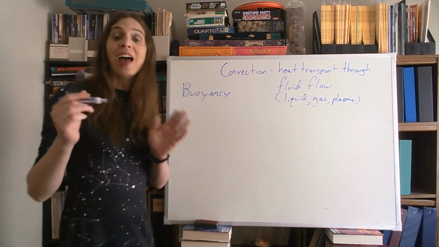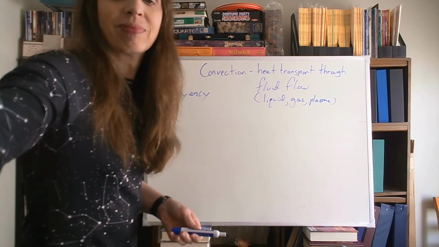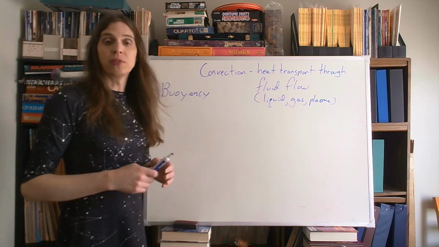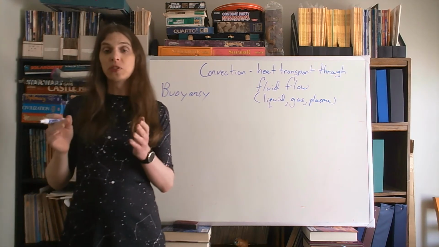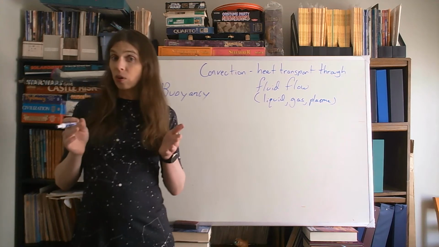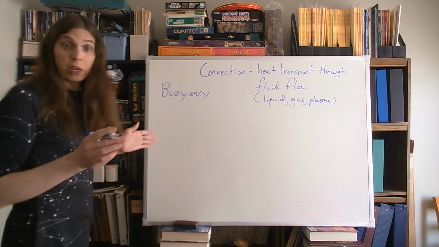Buoyancy was described in an early way by Archimedes about 2,200 years ago.